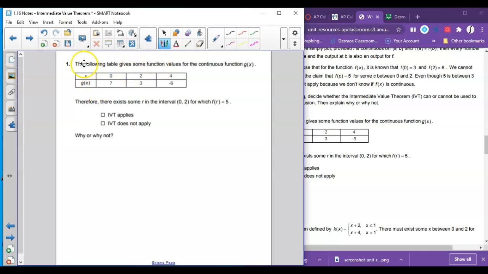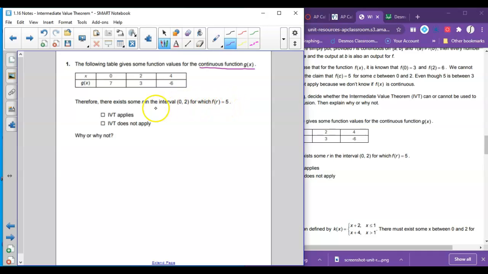This problem takes a little of the work out for us because it says continuous function g of x. So we are supposed to decide if IVT applies or does not apply, and why or why not. So I know already that g is continuous. And we want to say, therefore, there exists some r in the interval from 0 to 2 for which g of r equals 5.